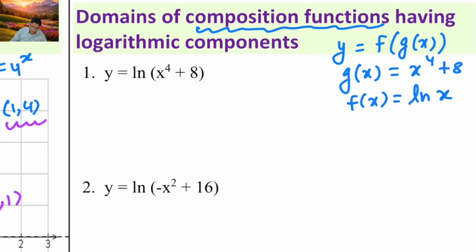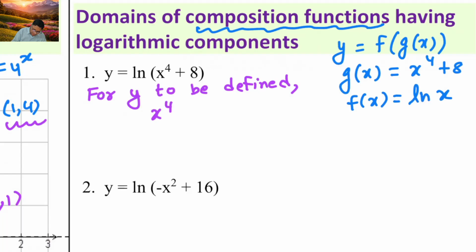Now, what is the impact of the natural log function here? The impact is like this. I'm going to write now. For y to be defined, when we write this, we always mean for y to exist as a real number, for y to have a real value. For y to be defined, the argument of the log, which is x to the 4 plus 8, that is the input to the natural log function, must be greater than 0.